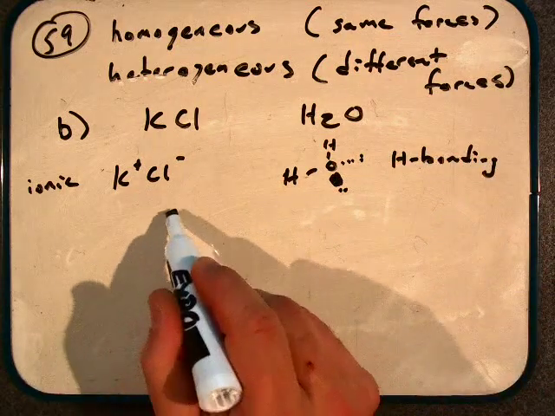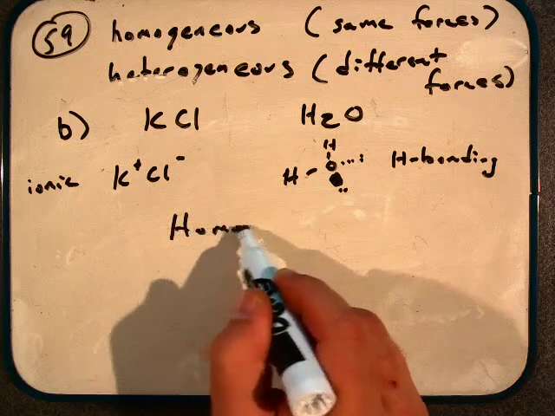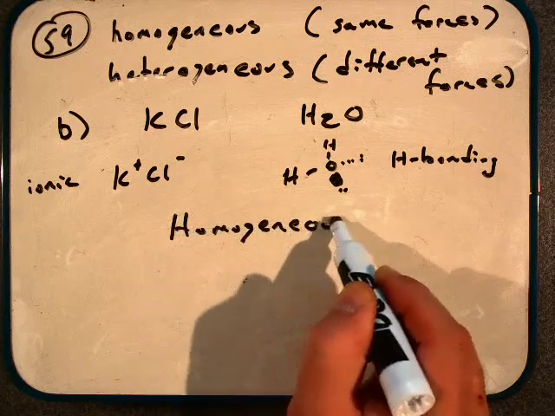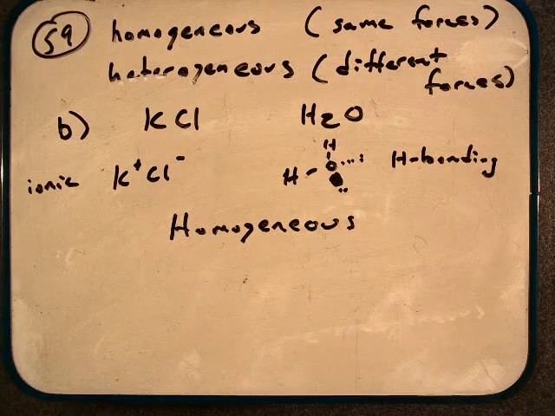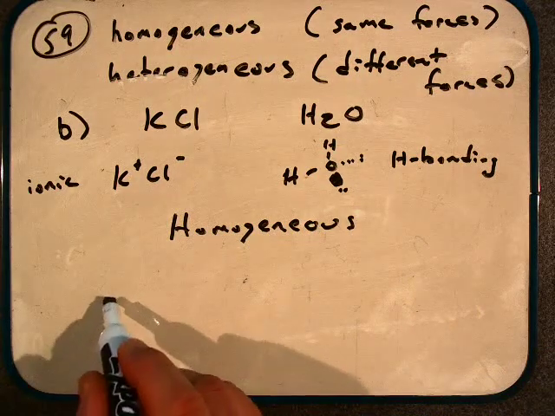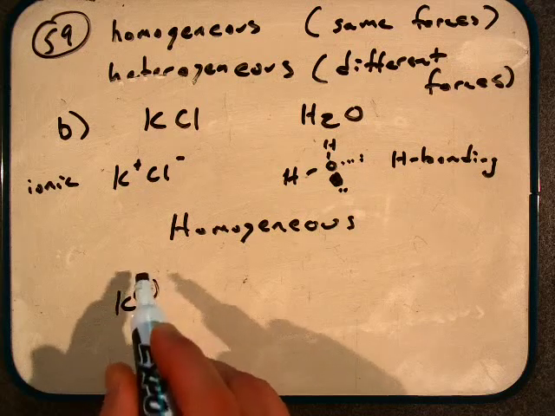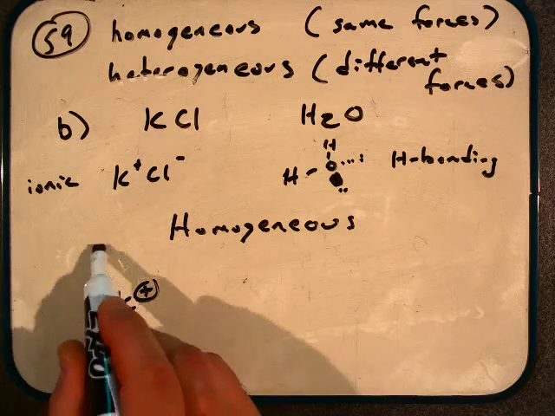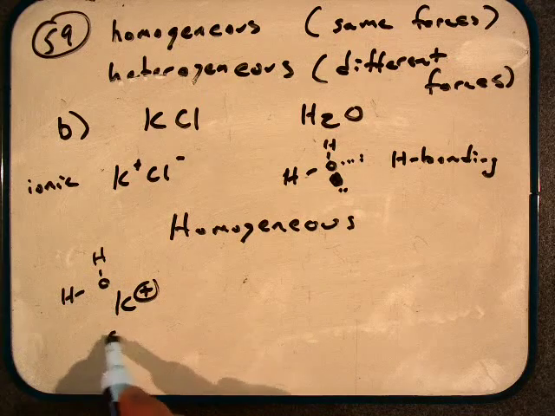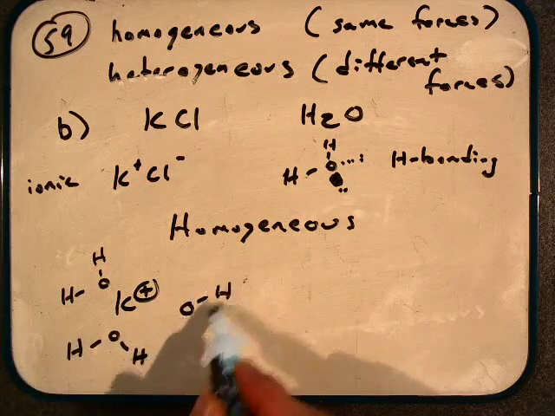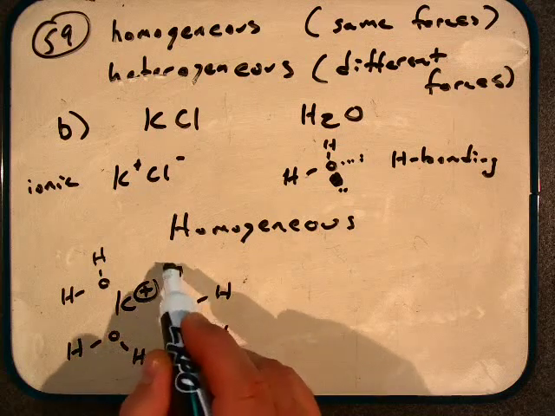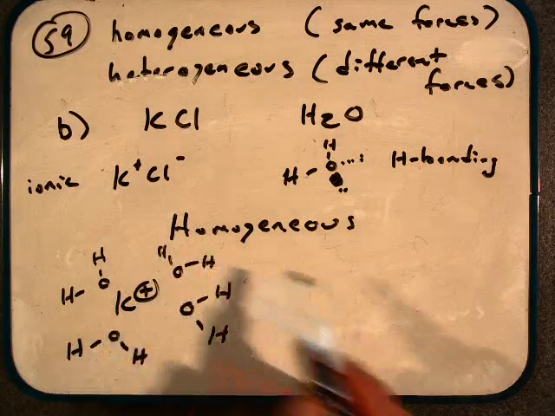And when we mix these, we do get a homogeneous solution, even though we have different forces of attraction, ionic and hydrogen bonding. And that's because when we dissolve the potassium chloride, a new type of force results, and this type of force is known as ion dipole forces of attraction.